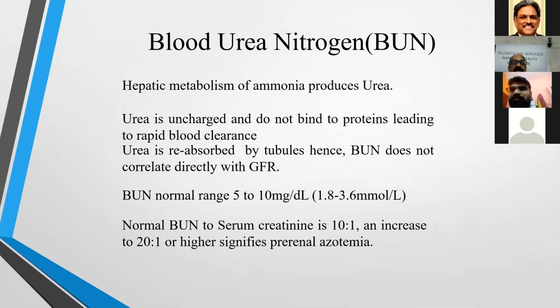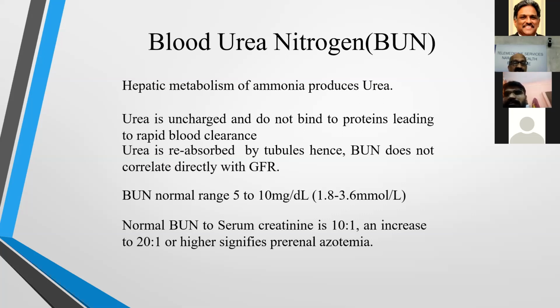The second parameter is the blood urea nitrogen, which is produced by hepatic metabolism of ammonia. Urea is unchanged and does not bind to proteins, leading to rapid blood clearance, but it is reabsorbed by tubules, and so does not correlate directly with the glomerular filtration rate. This is in contrast with creatinine, which is filtered but neither secreted nor absorbed, whereas blood urea nitrogen is filtered but is also absorbed.